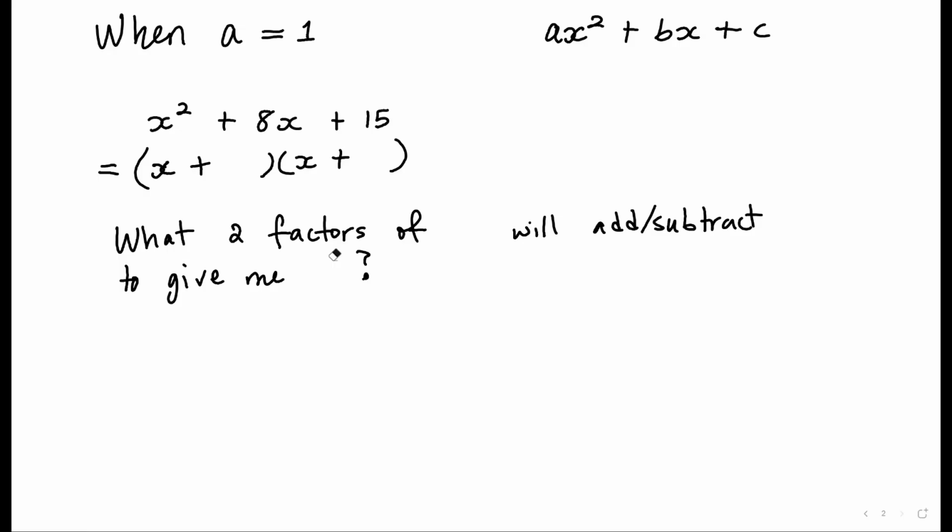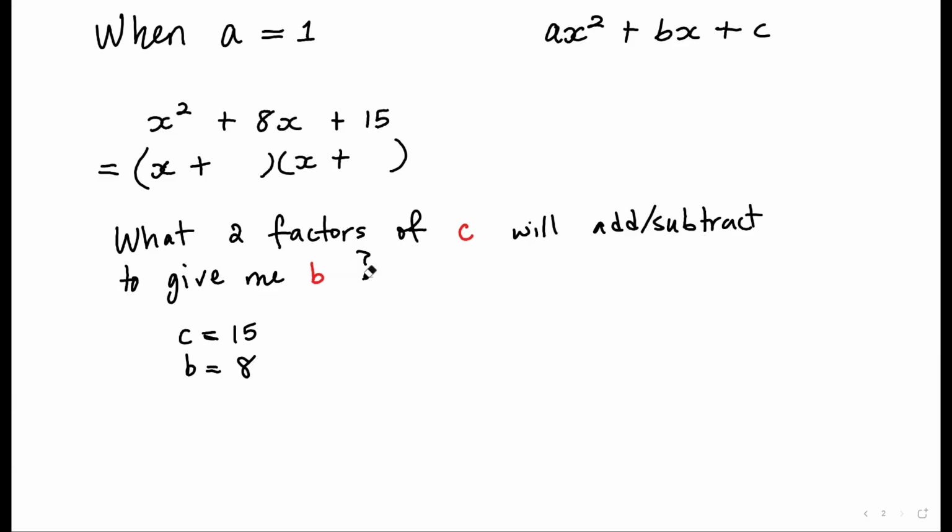So what two factors of c will add or subtract to give me b? And remember, b is the coefficient of x, right? And c is the constant, 15. So in this question, c is equal to 15 and b is equal to 8. All right. So which two factors of 15 will add or subtract to give me b?